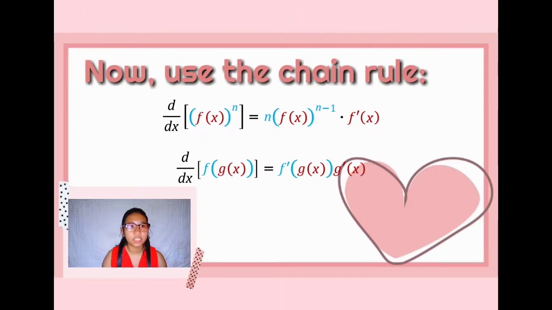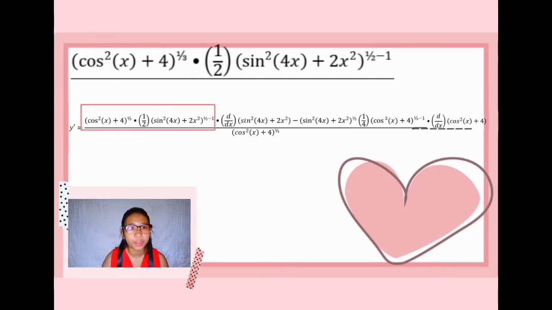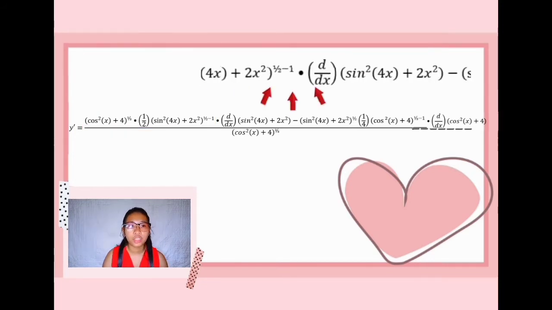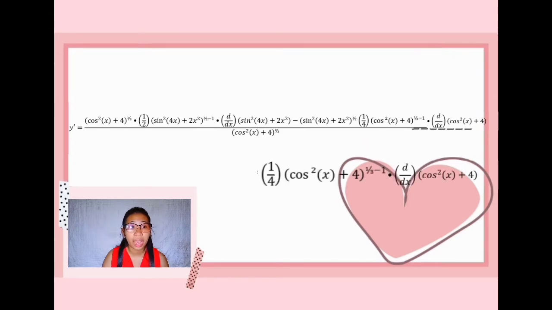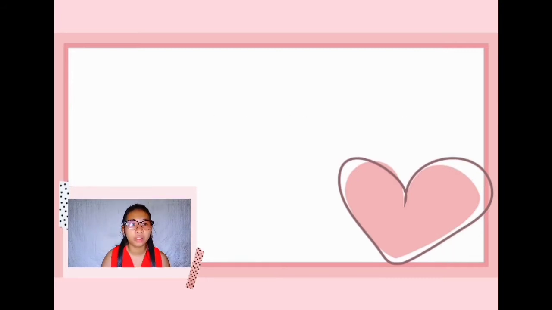In finding derivatives of trigonometric function, you need to use the basic rule in the chain rule. So our equation will be the square root of cosine squared x plus 4 times 1/2, copy the inside function, raised to 1/2 minus 1, and derive the inside function. And just do the same to your next equation, and do not forget to put it over your g squared.